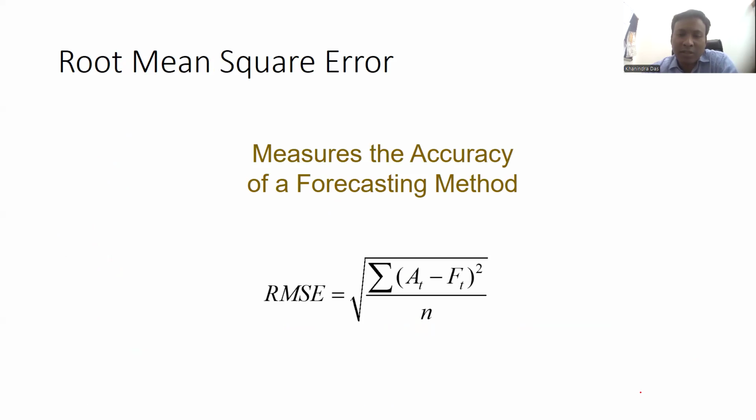And that can be positive or negative, which is squared and added. And that total squared deviations are averaged, and then we take square root because initially it was squared to magnify the impact of large deviations.